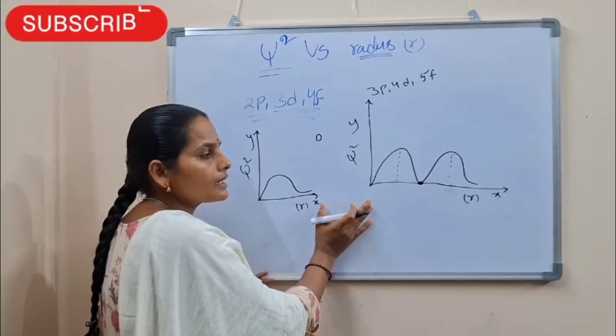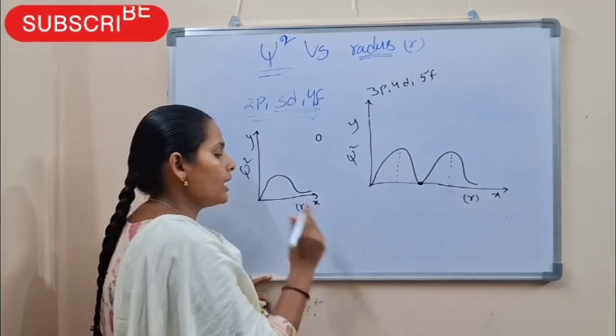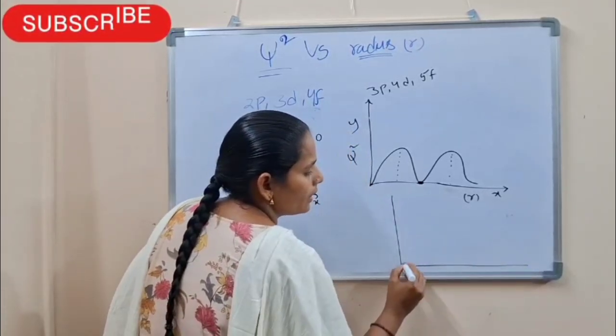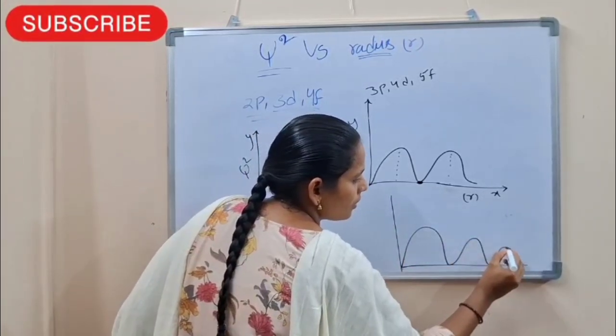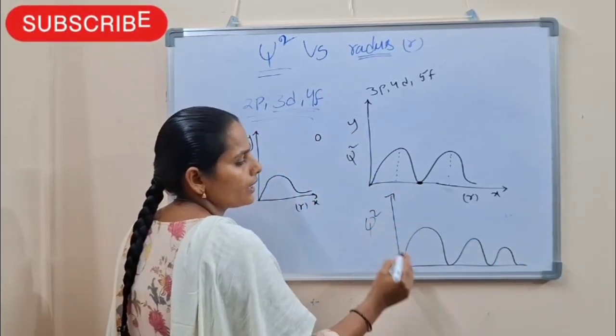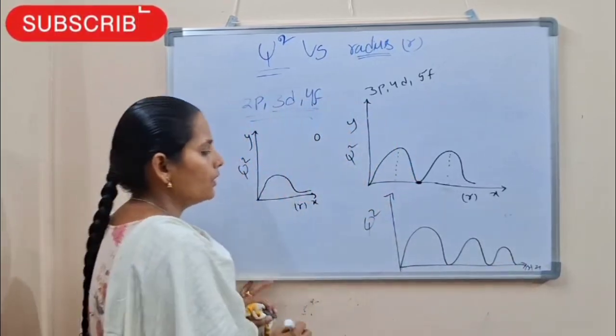In examinations, questions are asked like this using these graphs. He gives one graph, with psi square on the y-axis and r on the x-axis.